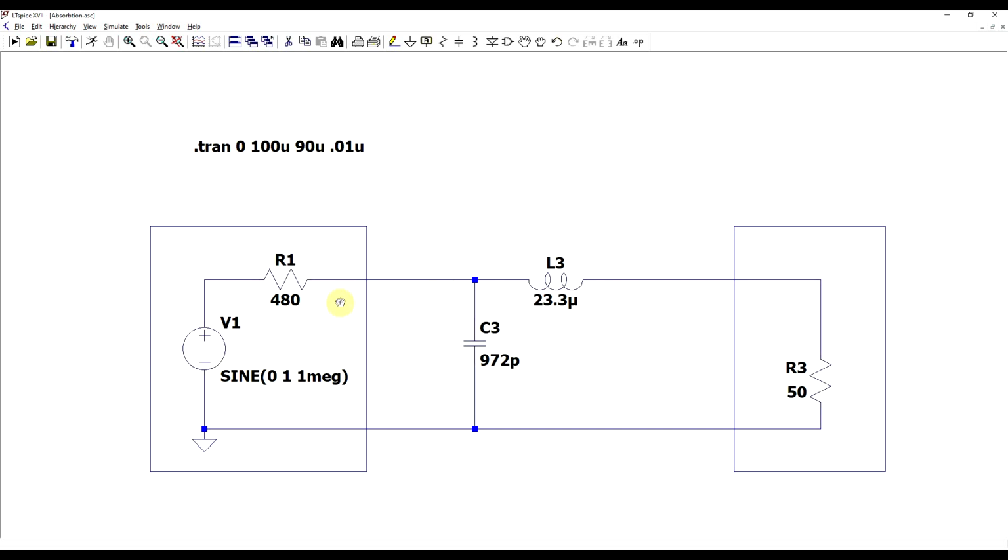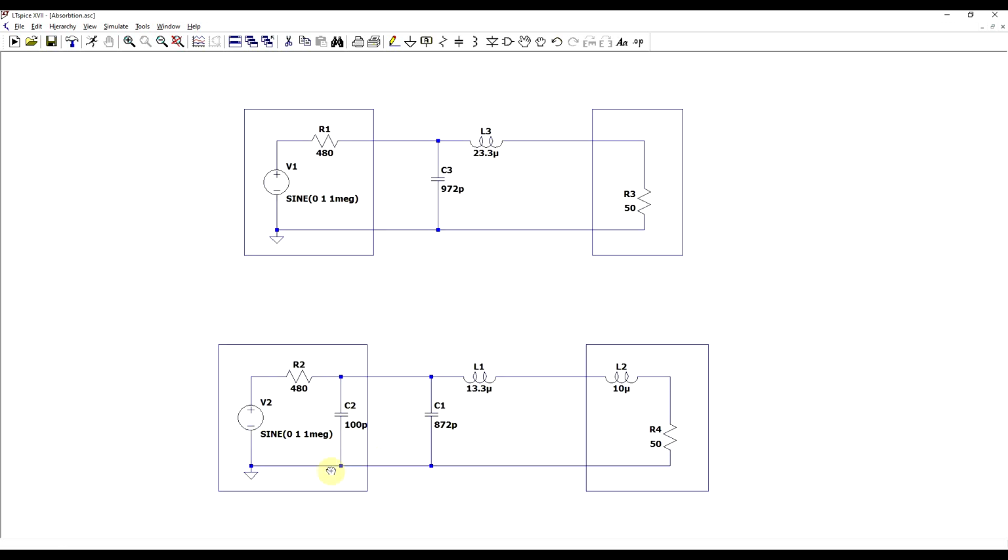But if our signal source and load already have some reactive elements, for example our signal source has 100 picofarads of parallel capacitance and our load has, say, a series inductance of 10 microhenry, there's no point in trying to resonate these away. We can simply include them into our matching network by subtracting these values from the initial components.